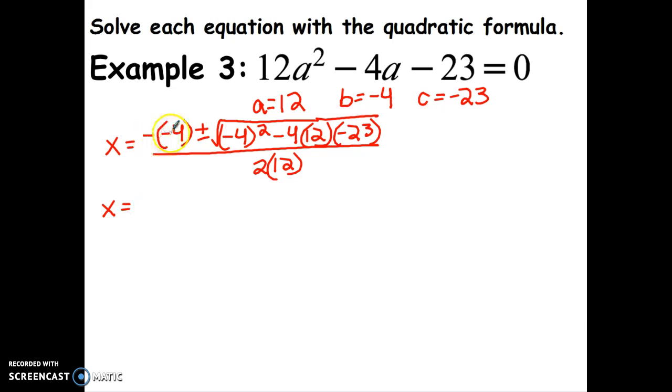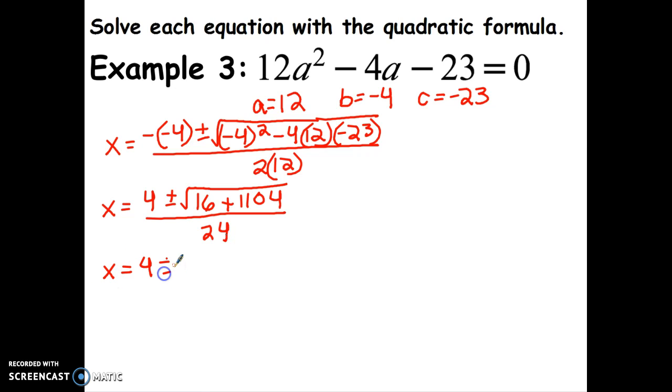Okay, let's simplify. -1 times -4 is +4. -4 squared is 16. And -4 times 12 times -23 is +1104, all over 24, because 2 times 12 is 24.